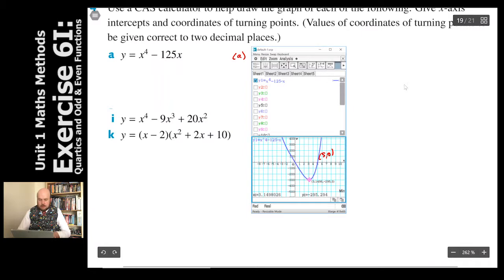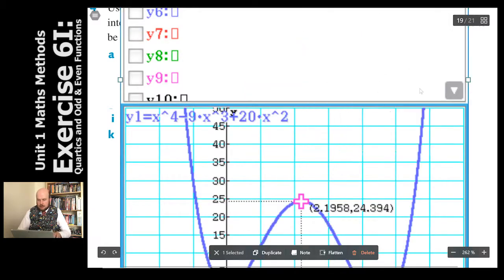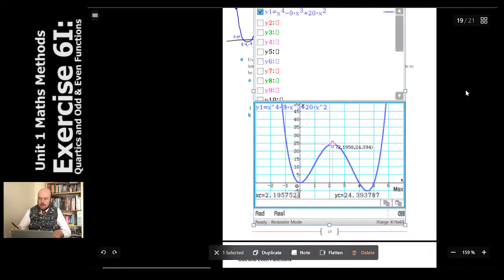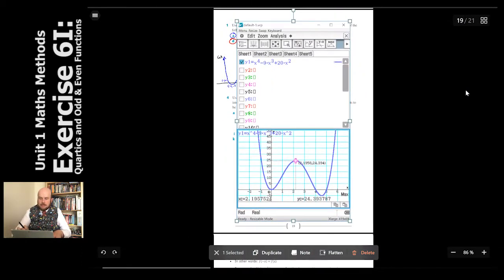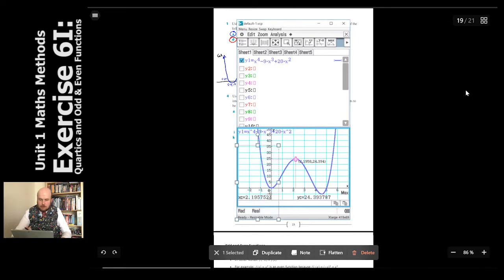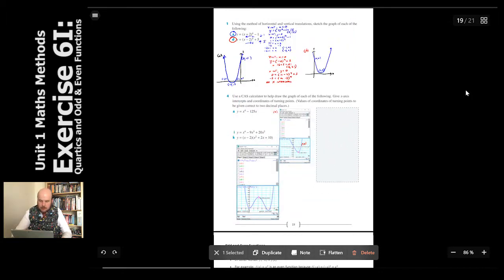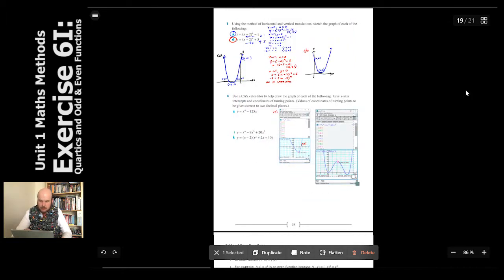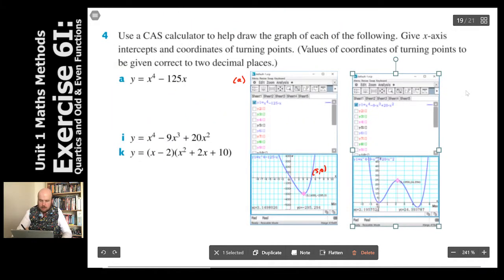So what we'll do is I'll just paste this in here. I said paste. There we go. And let's shrink this one down. And we'll zoom this friend in.